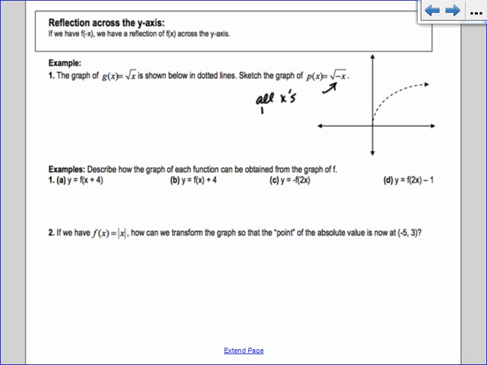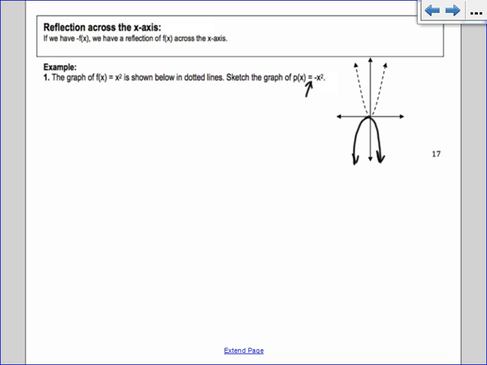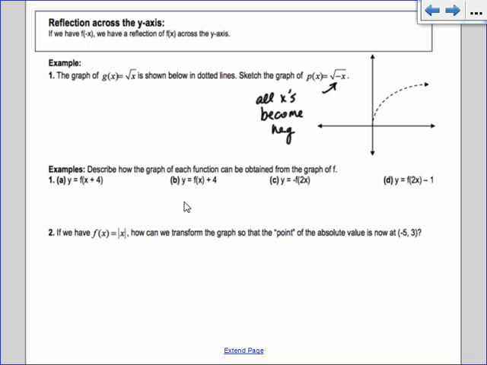All x's become negative. Just like this last one, since the negative was on the outside, all y's become negative. That's why I went downwards. So it ends up being the same graph, just on the other side of the axis. Okay?